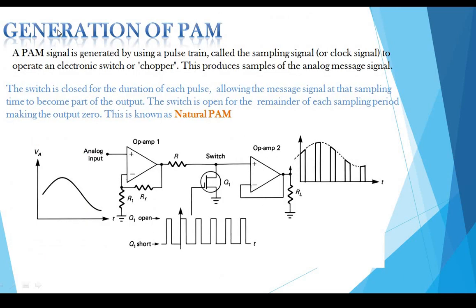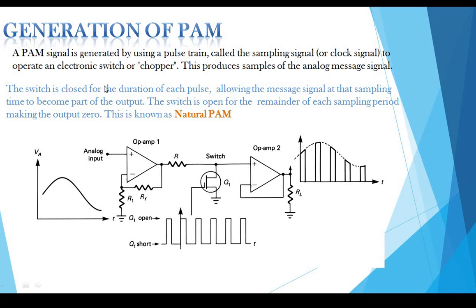So in natural PAM, as we have already told, we use a sample and hold circuit for flat top, not for natural. We are using just a switch over here. The PAM signal is generated by using a pulse train, called the sampling signal or clock signal, to operate an electronic switch or chopper, which produces the samples of the analog message signal.